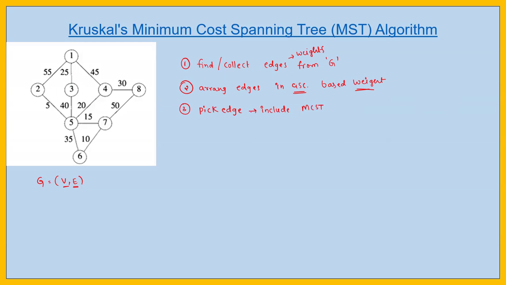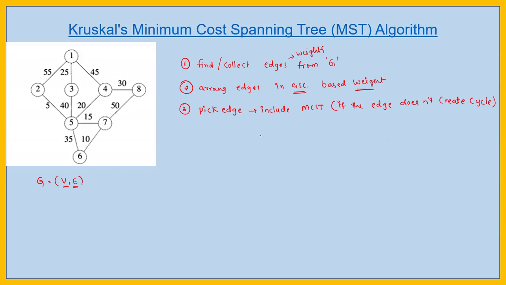When do you include this edge? If that edge doesn't create a cycle, or doesn't form a cycle. Like that, we need to continue until all the edges are completed.